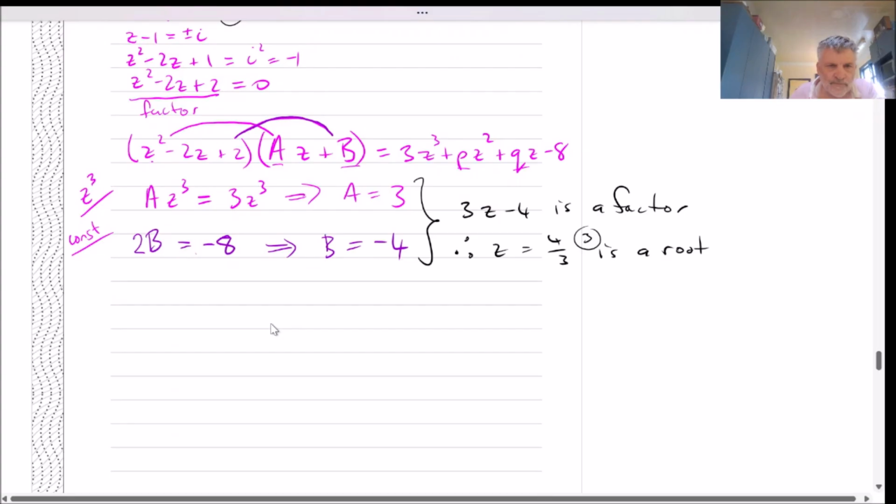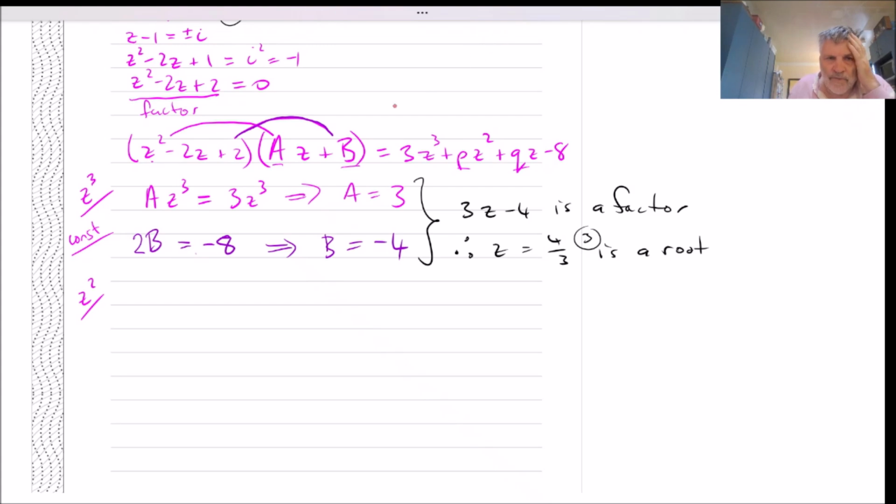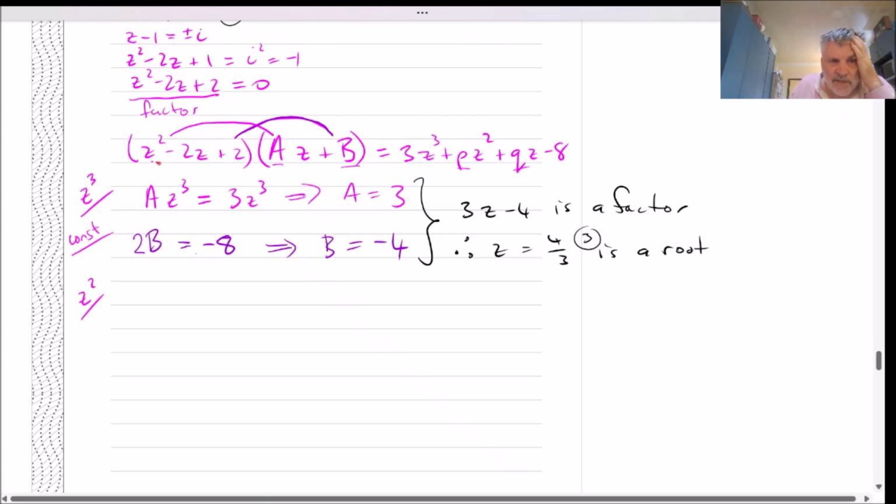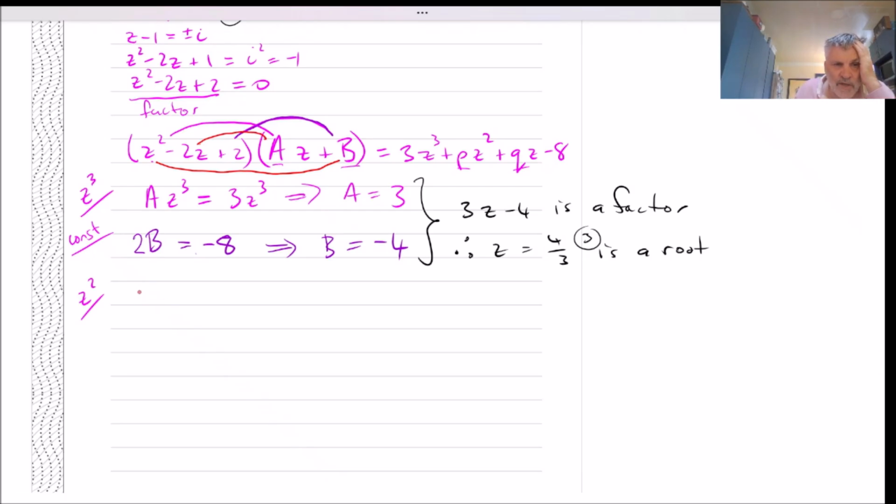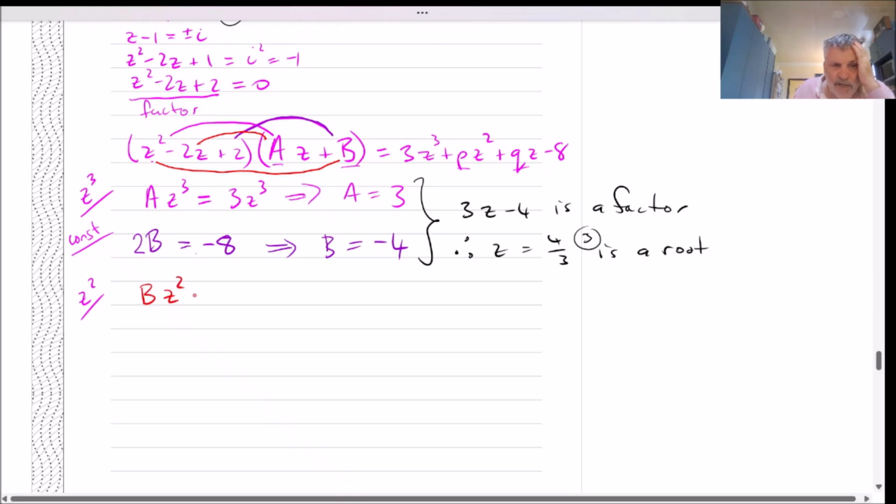If we go back over here, if we look at the coefficient of z squared, unlike z cubed and the constant where there was only one way, there are two ways to get these. So z squared is going to be z squared times b, and it's going to be minus 2z times az. So that means bz squared minus 2az squared has to equal pz squared.